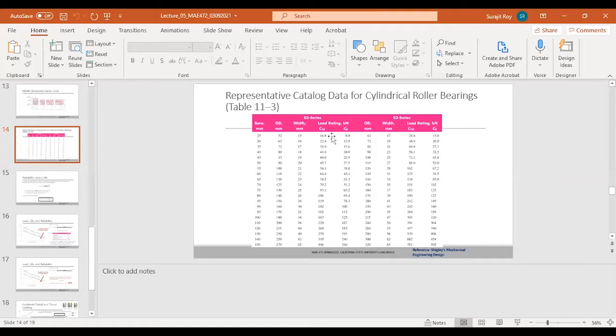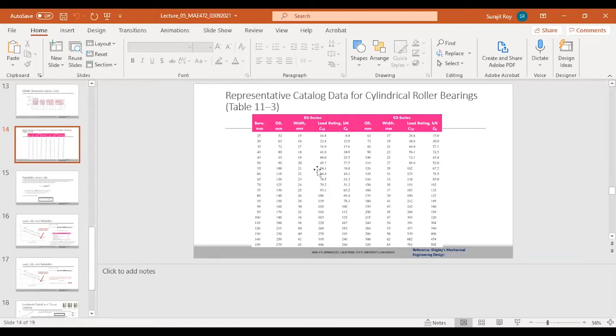Then right away you know that I would need a specific bearing, which is the 02 series of 55 millimeter bore dia, because that has a minimum C10 load of 56 kilonewtons. So if my requirement is 50 kilonewtons, I need at least this bearing, and any bearing of this size and above would be able to do the job. Is that making sense to you guys?